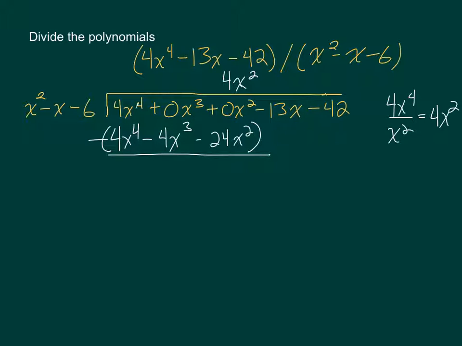So we will subtract all of these. That goes away to 0. 0x cubed minus a negative 4x cubed is positive 4x cubed. 0x squared minus negative 24x squared is positive 24x squared.